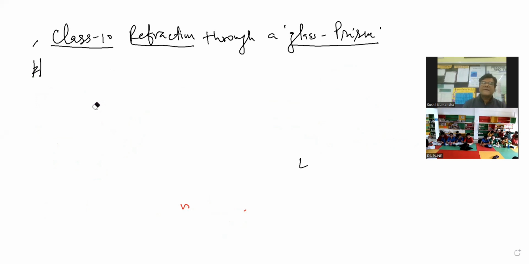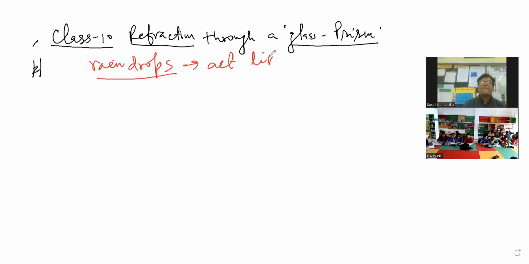So in the atmosphere there are raindrops. Yes or no? And raindrops act like a glass prism.